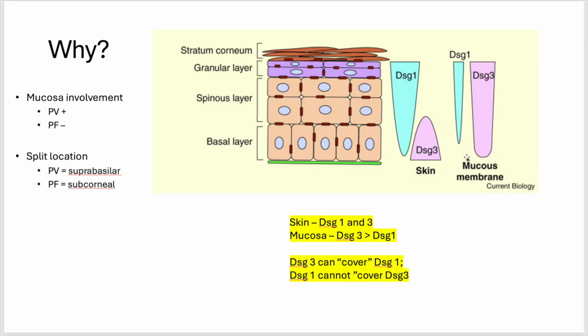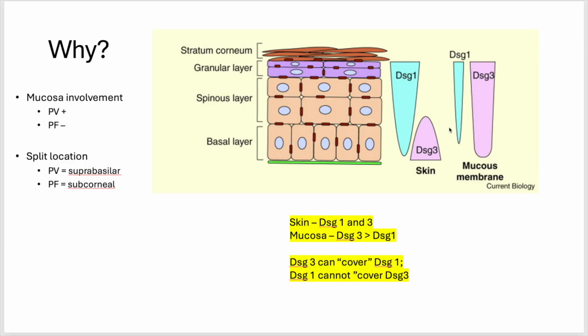Let's look at this picture. In normal skin, DSG3 is expressed mainly at the bottom of the epidermis, while DSG1 is mainly expressed at the top. In the mucosa, or the mucous membrane, both DSG1 and DSG3 are expressed, but DSG3 is stronger than DSG1.